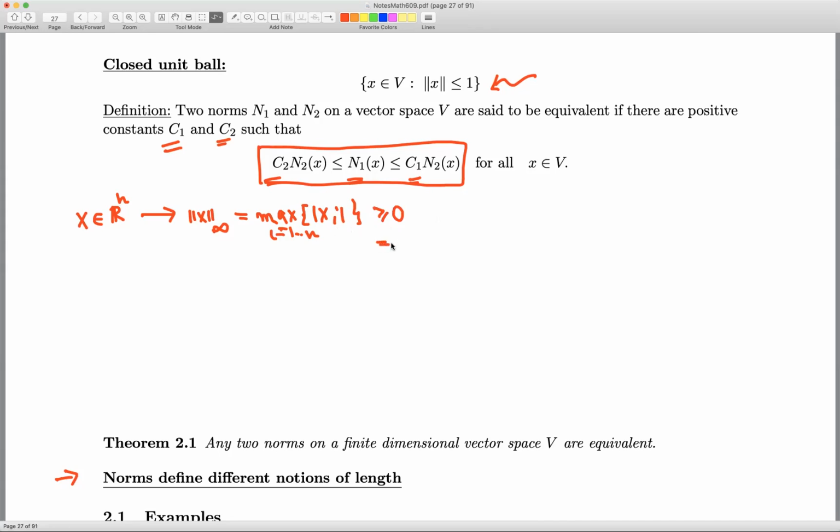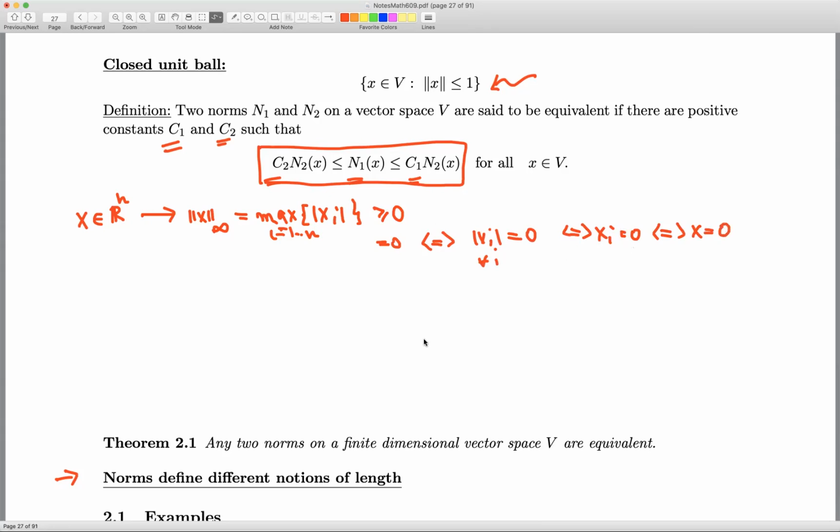And this is equal to 0 if and only if a maximum of non-negative numbers is 0, if and only if all the elements are 0. So if and only if xi is equal to 0 for every i, which is if and only if the vector x is the zero vector, because all its coordinates are 0.